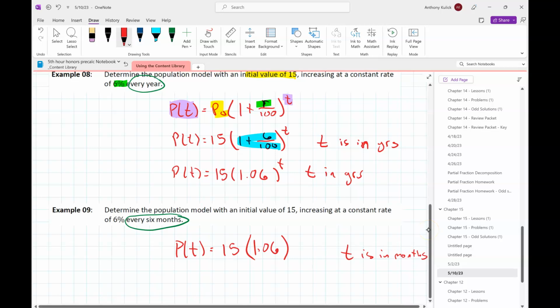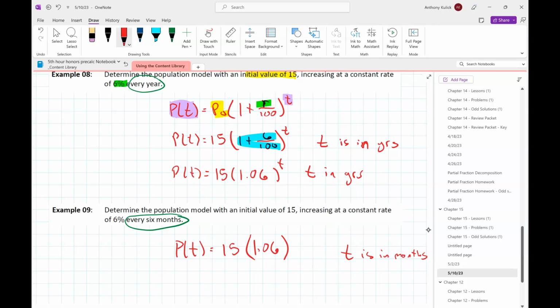So how much of that compounding period is finished in 1 month? 1/6 of it, right? If it takes 6 months for one compounding period to occur, in 1 month we would have done 1/6 of that.